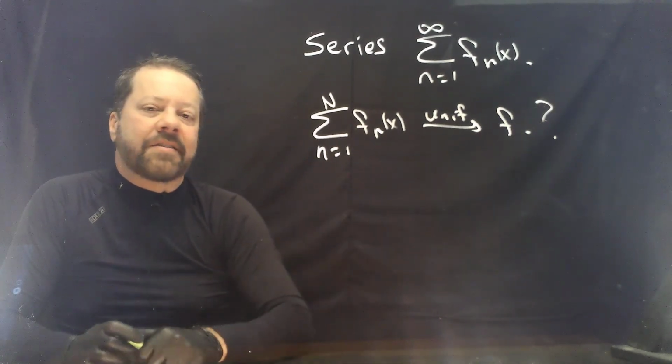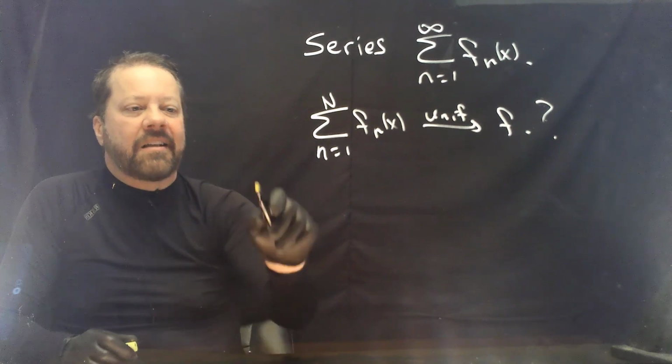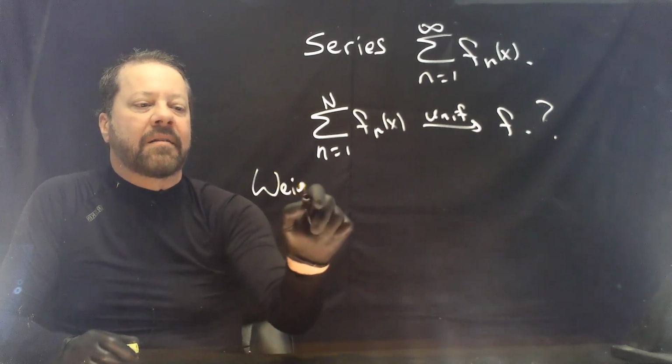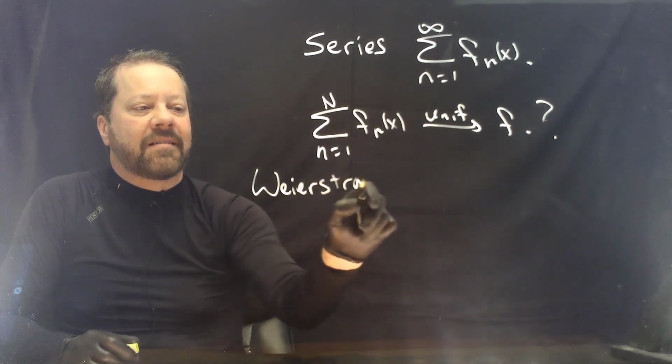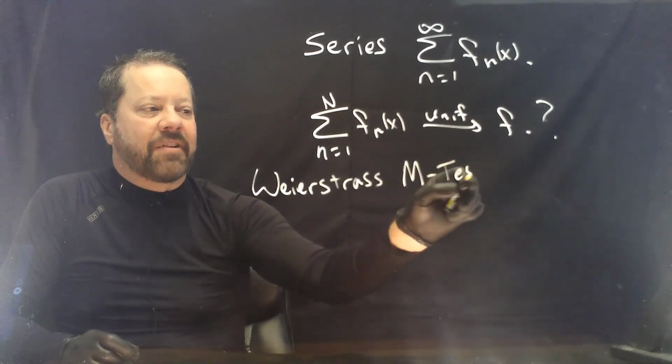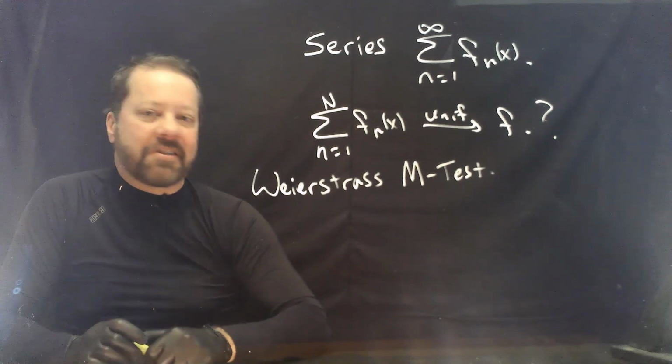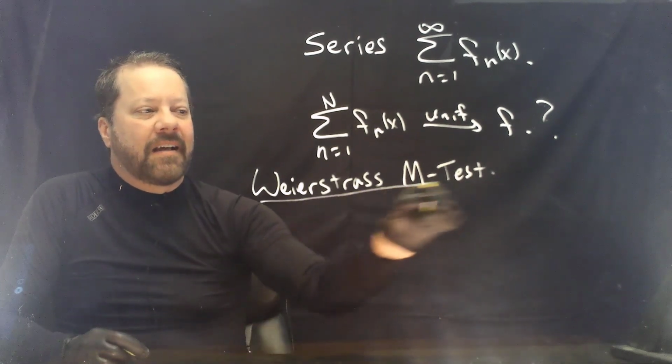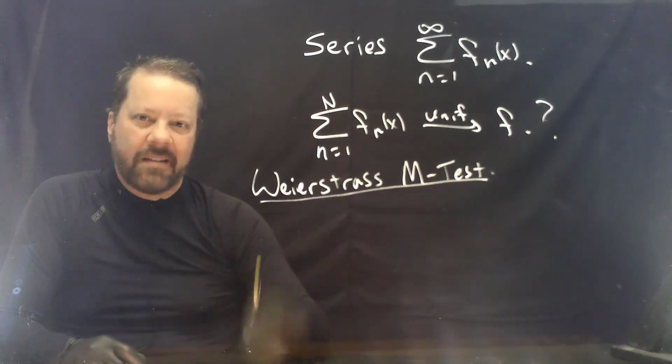And it turns out there's a simple test. It's called the Weierstrass test, after the famous mathematician Karl Weierstrass. And it's pretty easy to check. It goes like this.